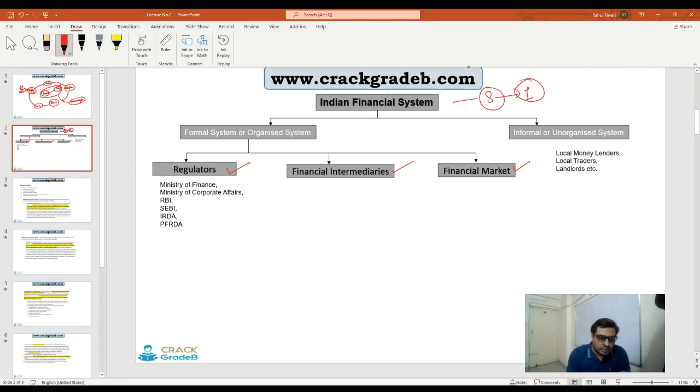So these are all regulatory bodies. They are in the system because of laws made by the parliament, and with the law made by the parliament they are being formed, right? So they are bodies. Whereas ministries are also there, they also play a very important role to regulate the things.